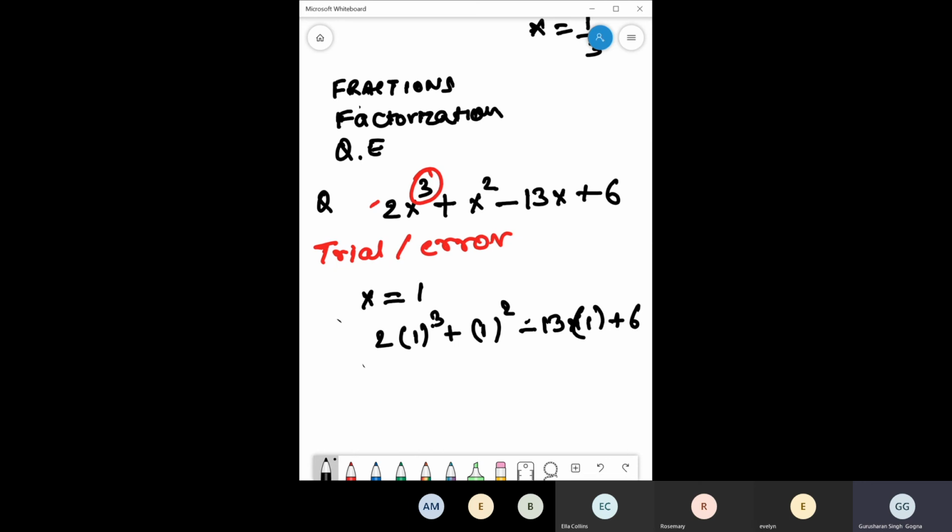So this will give you 2 plus 1 minus 13 plus 6, isn't it? So that's definitely not equal to 0. 6 plus 2 is 8, 8 plus 1 is 9, 9 minus 13 is not 0. So that means it's not a factor.